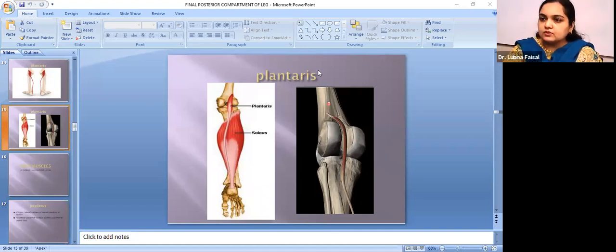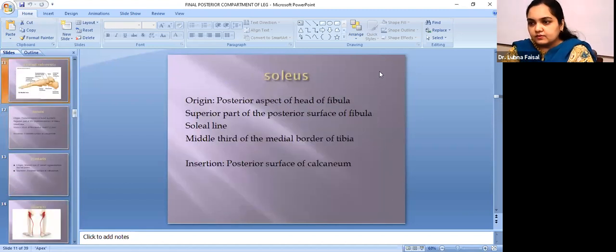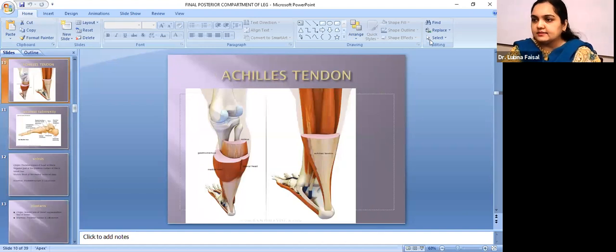Okay, for the first question, that is the three heads of the gastrocnemius and soleus, we will cover this from the slide. Yes, this slide, gastrocnemius, soleus. This is the Achilles tendon. Medial head and the lateral head of the gastrocnemius and the soleus.